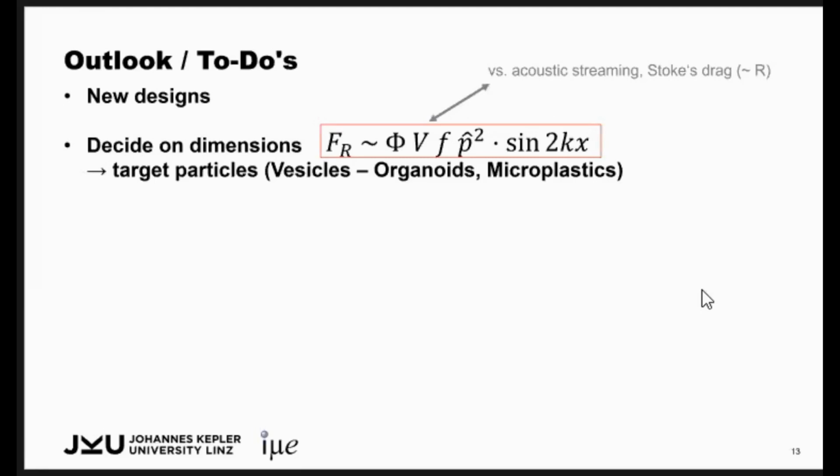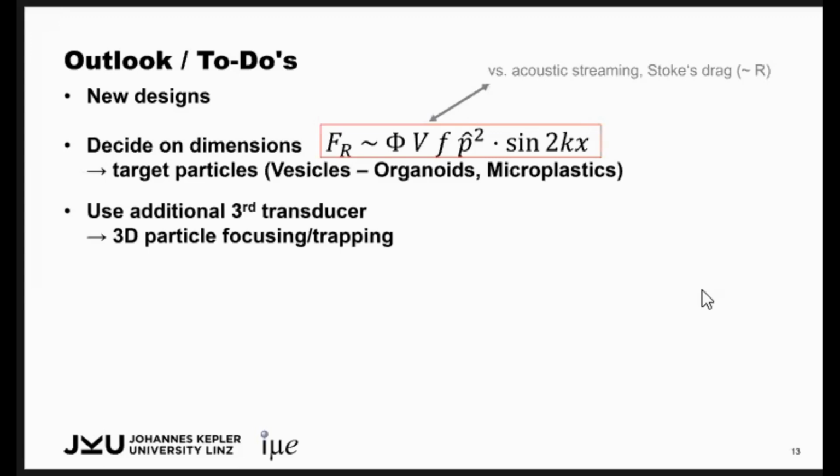And the acoustic streaming, which you always have when you generate an acoustic wave inside the channel, is proportional to the linear dimensions, or to the radius of the particle. And because the radiation force is depending on the volume, so radius cubed, for small particles the Stokes drag or the acoustic streaming is becoming much stronger and stronger.